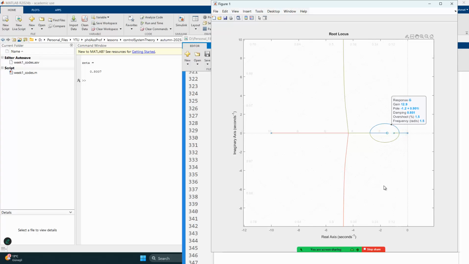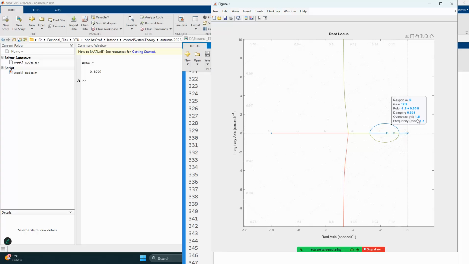And so what does it tell us right now? Just see, if we choose the k is 12.9, and so the damping ratio is equals to the 0.81. See, this is equals, but see that the overshoot is equals to 1.5, and our desired pole must be on the what?